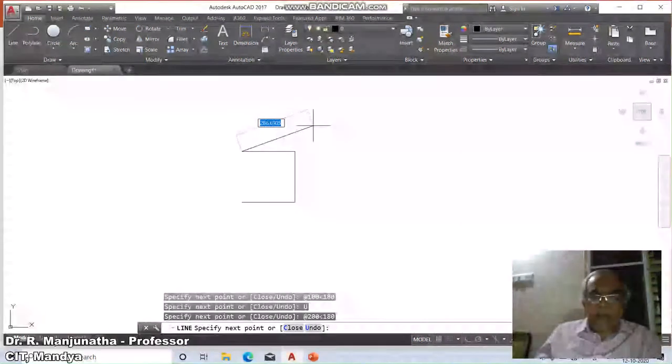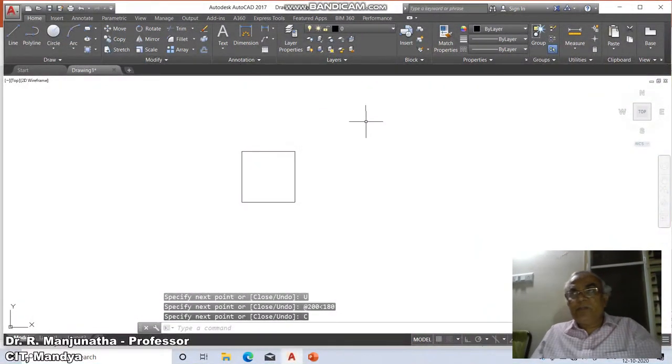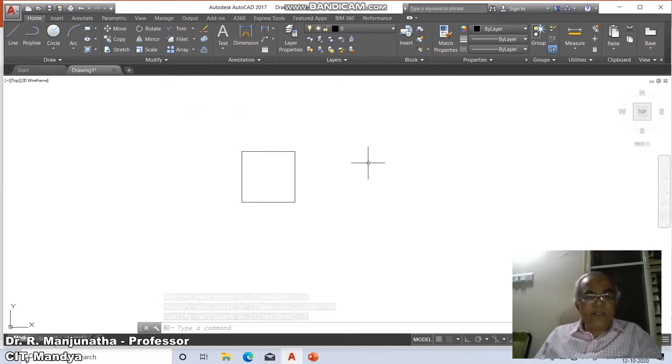Now you can say the close option. So this is how you can create a square by using the relative polar coordinate system.